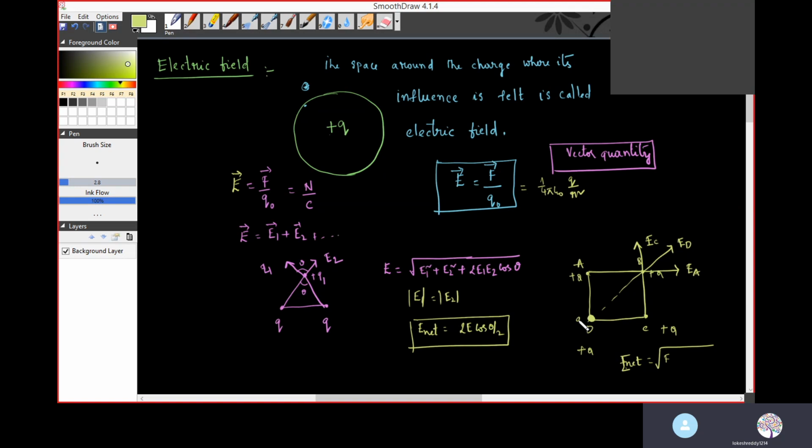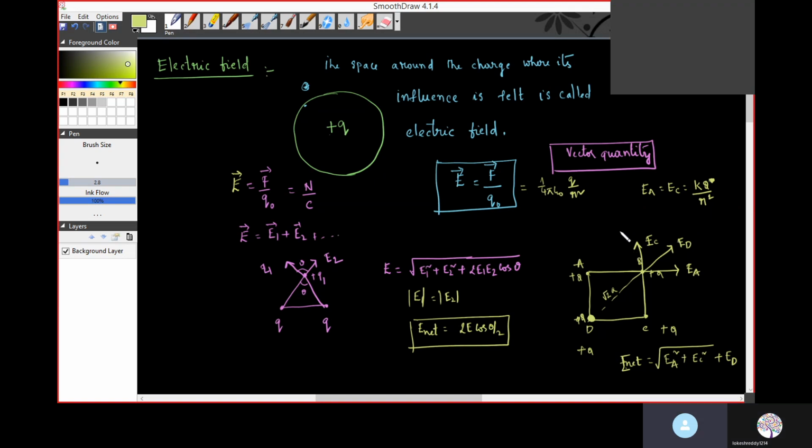This one, Q plus Q, is having this distance root 2 a. So E net is root of EA square plus EC square plus ED square, and EA will be equal to EC is equal to KQ by R square.